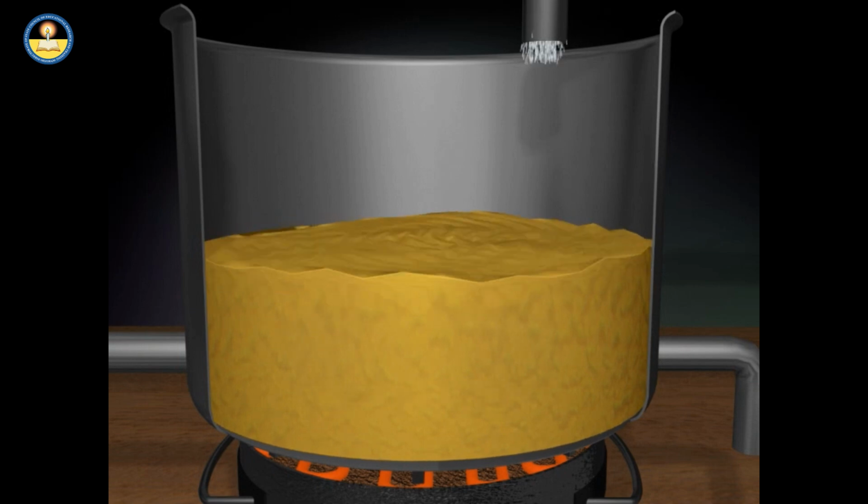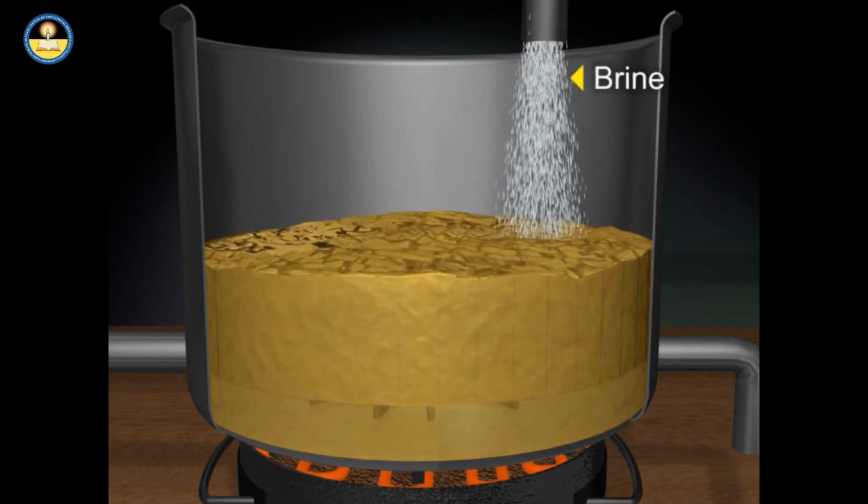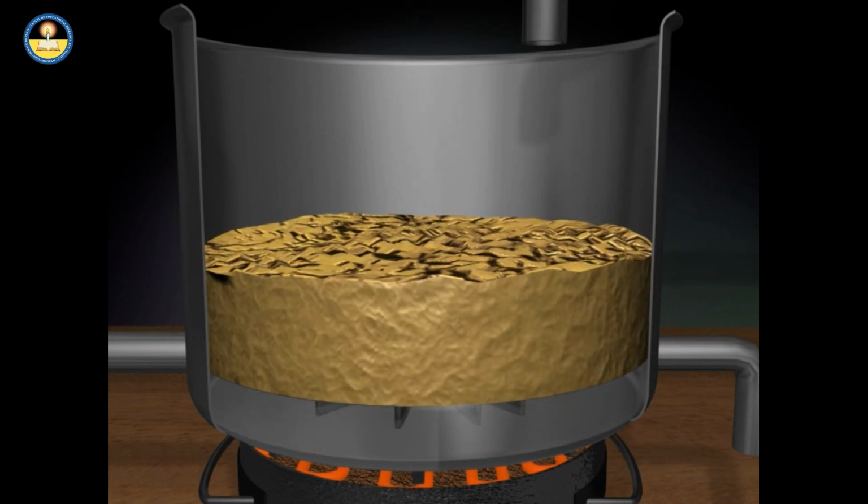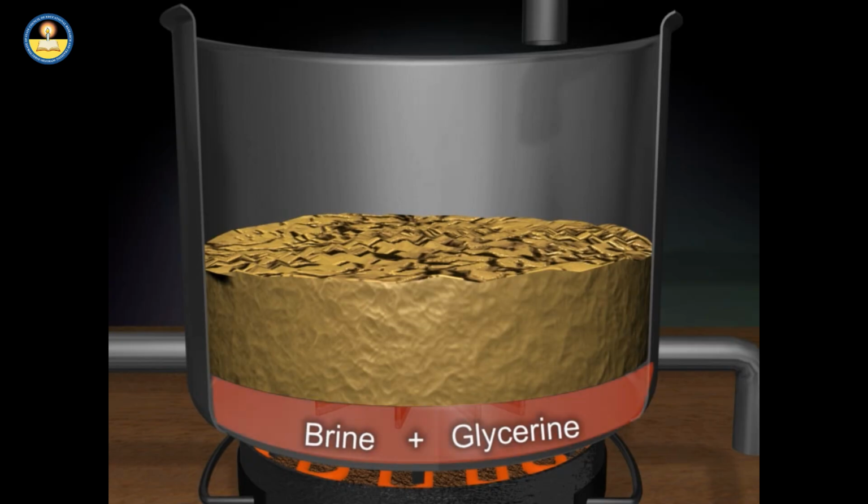Brine is then added to the solution. Glycerine formed in the reaction is removed by dissolving it in brine solution. This is called salting out. Soap solution rises to the surface and is collected as soap curd.